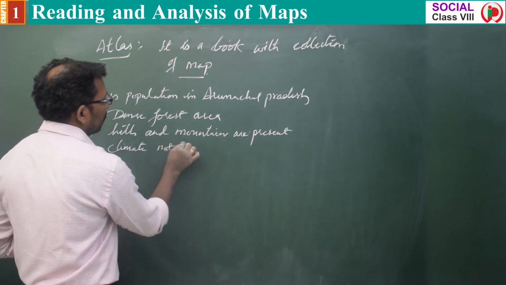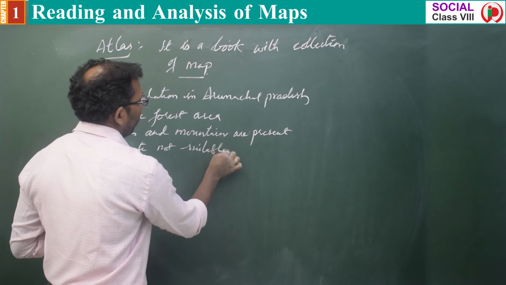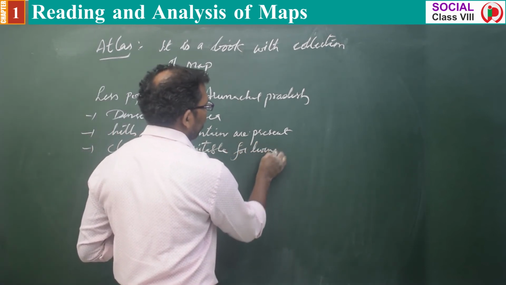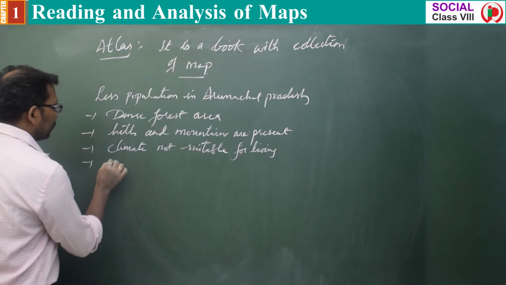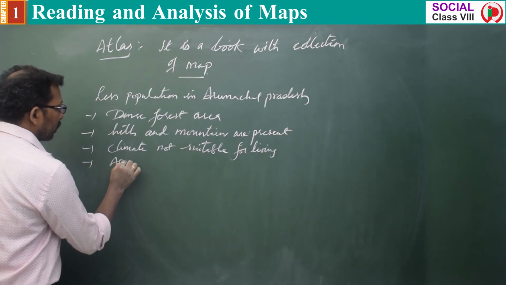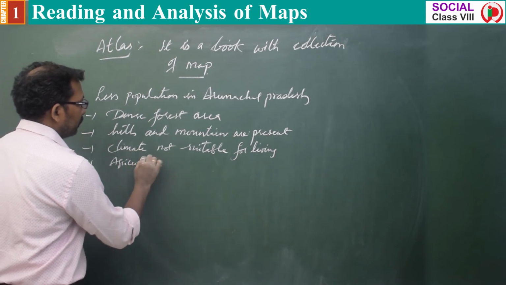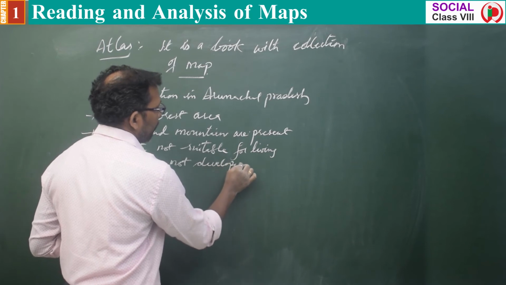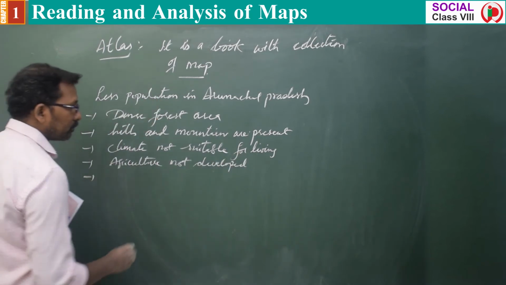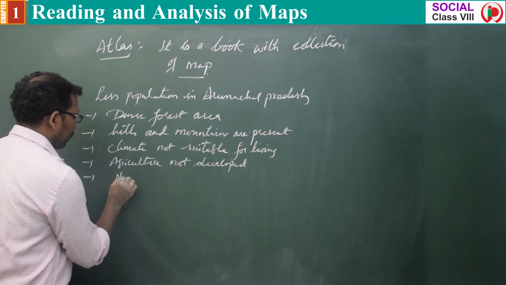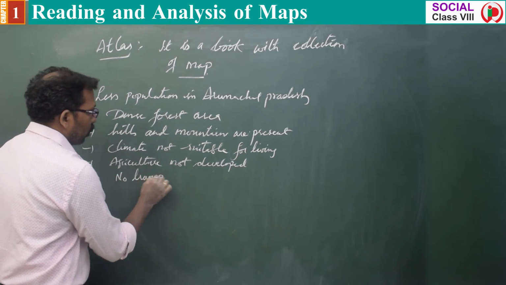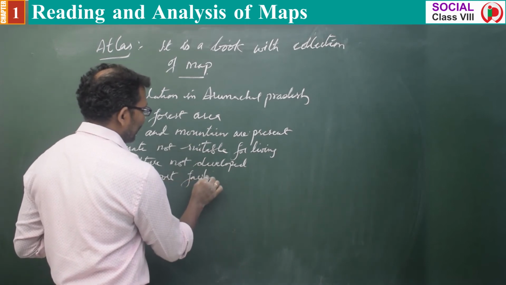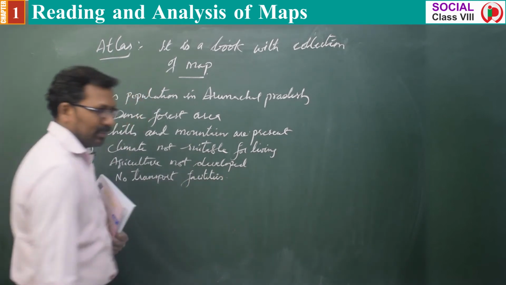Climate not suitable for living. Agriculture not developed. Next, no transport facilities. Now these are the few particular points.